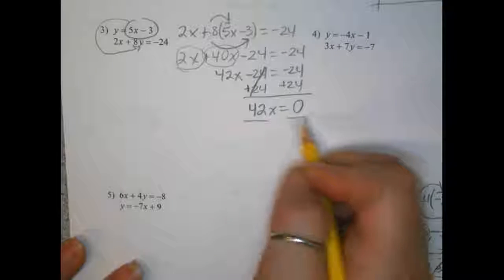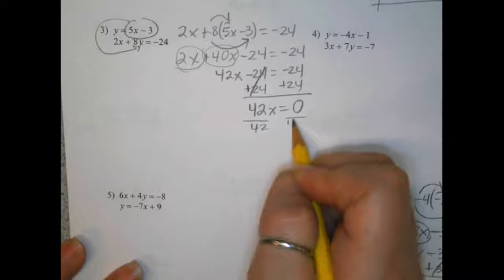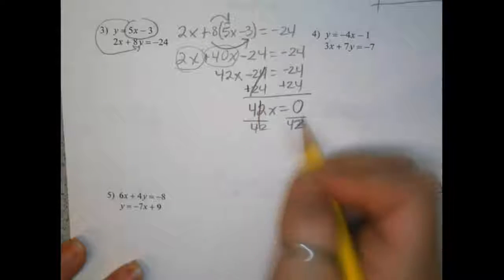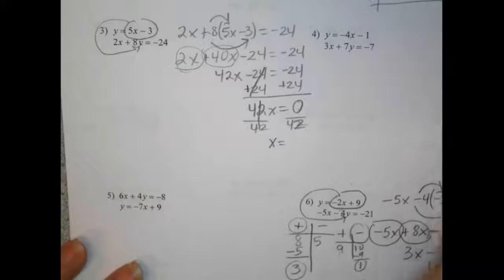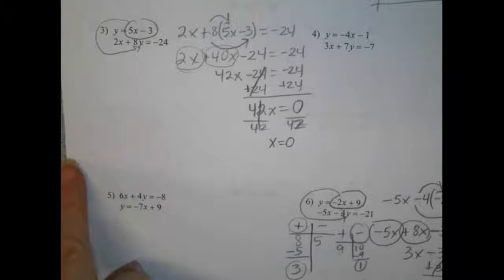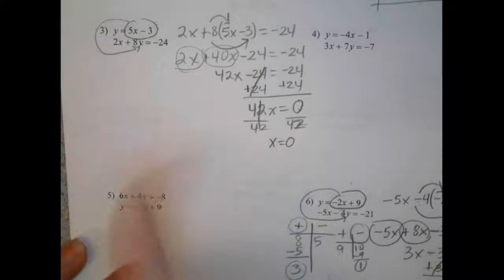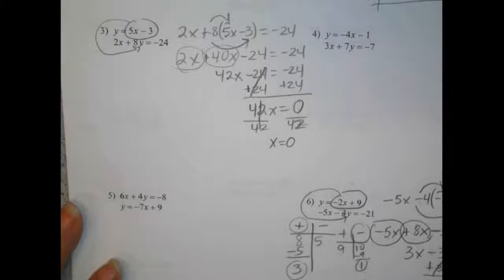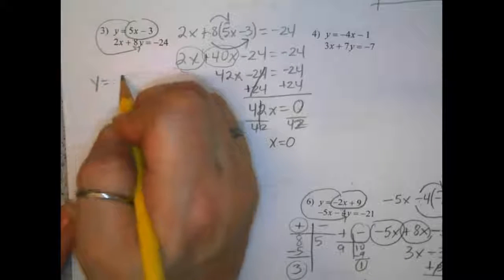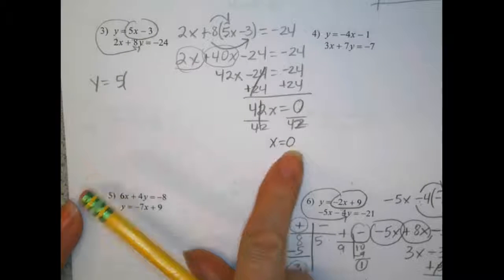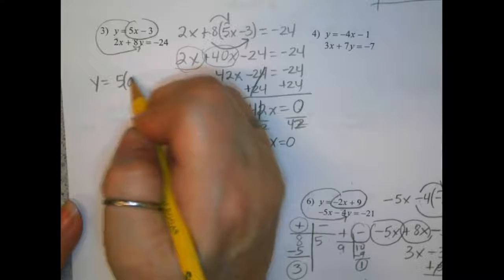So I'm going to divide both sides by 42, and that's super easy. 0 divided by 42 is going to be what? 0. X equals 0. So that makes my substitution really easy too, because when x is 0, everything becomes 0. So I'm going to take my equation, y equals 5 times, instead of x, it's going to be 0, right?